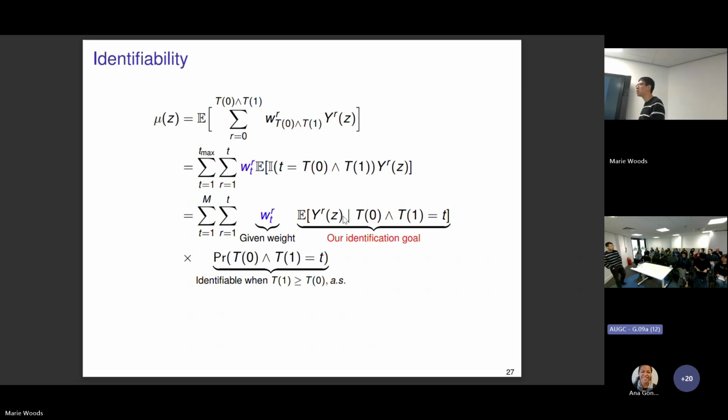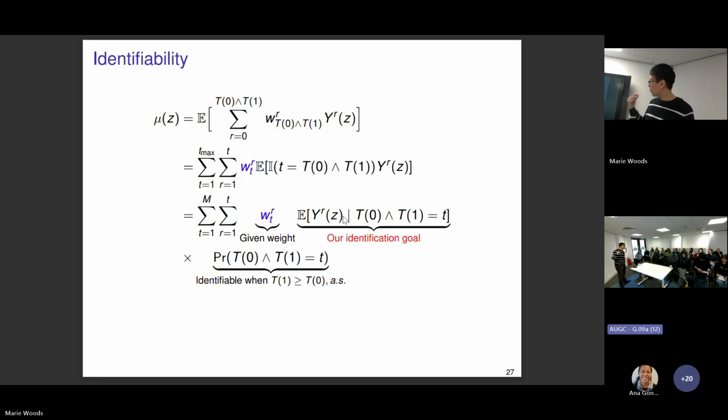This is a very simple conditional expectation. You can decompose this into three parts. The first part is a given weight, which the investigator chose, so these are constants. The last piece here is the probability of the so-called principal strata. In identification, we still go back to principal strata.